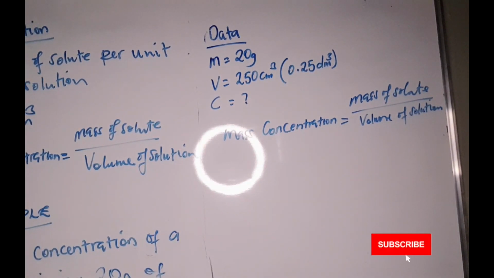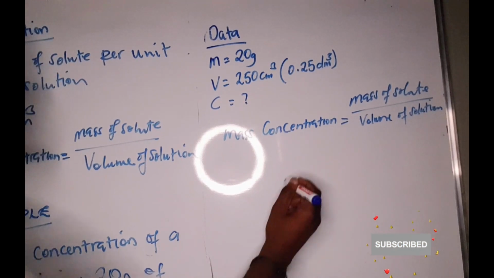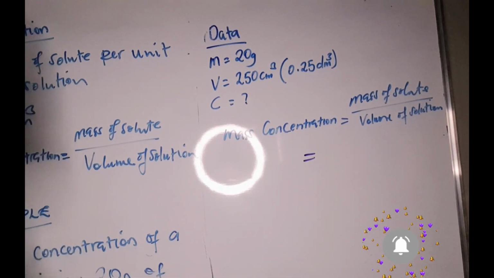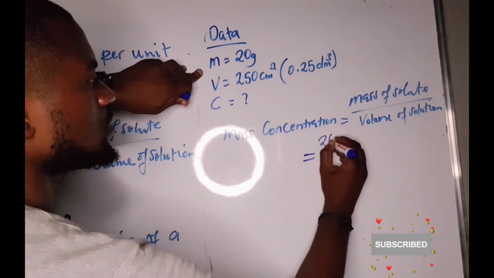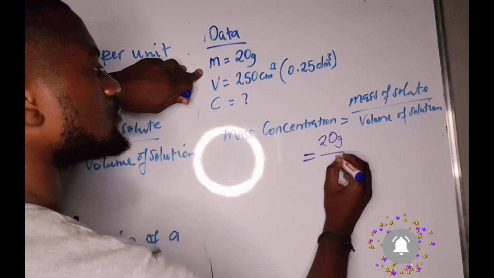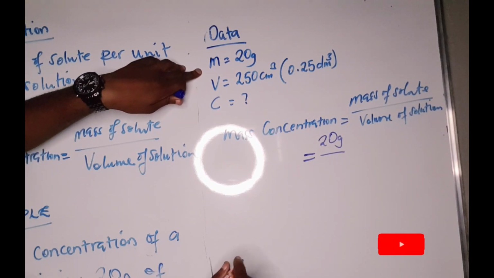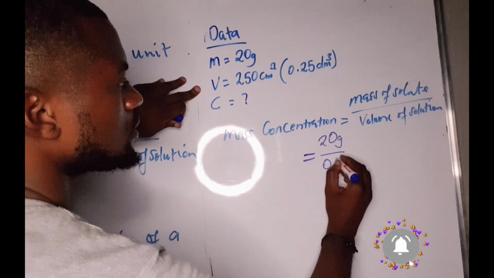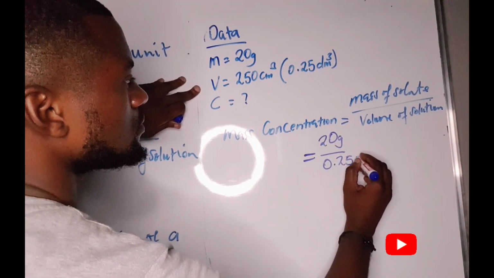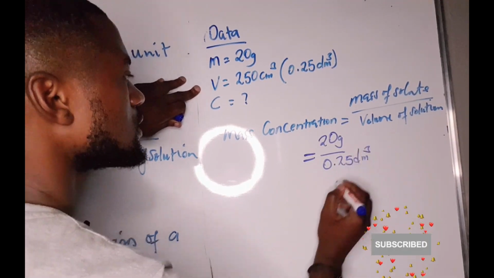So our mass is 20 grams, divided by the volume, which is 0.25 cubic decimeters.